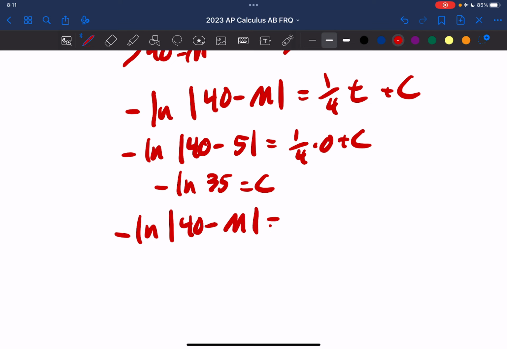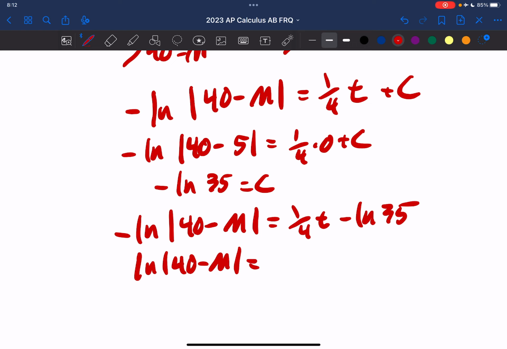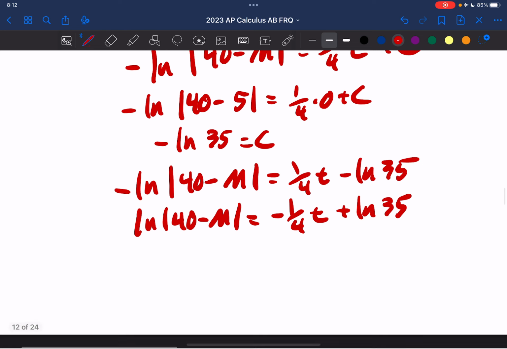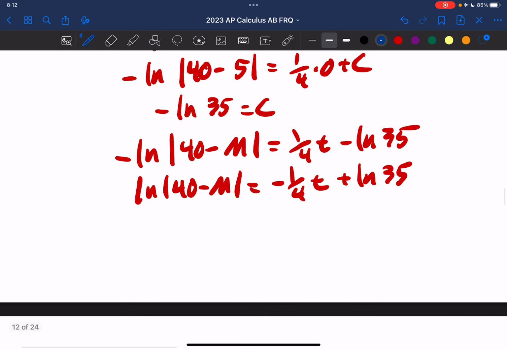Now that I put that in, I can continue solving to get m by itself. First I'm going to drop the negative. So we have negative 1/4 t plus ln 35. We're going to use e to cancel out the ln.